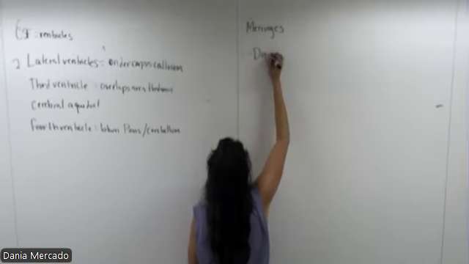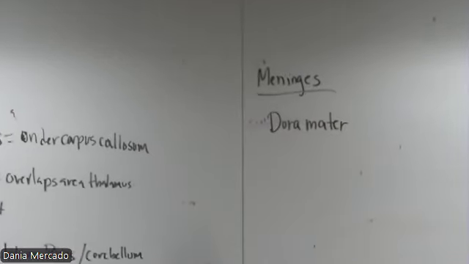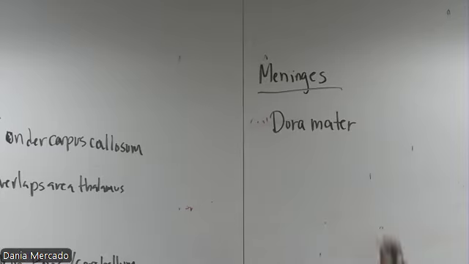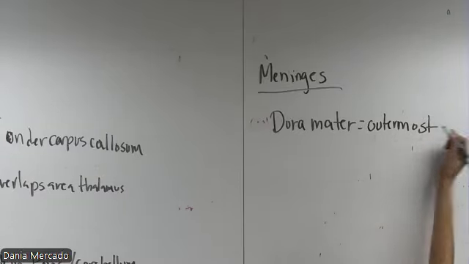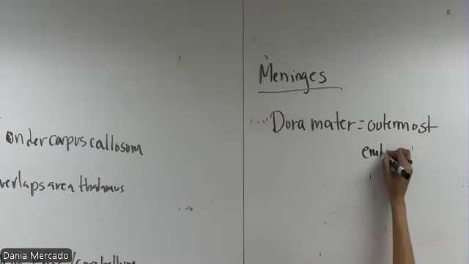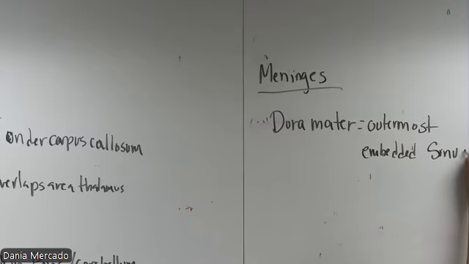And the first one you have is your dura mater, which means hard mother, right? Hard mother. So that is the outermost covering. And in that dura mater, you're going to have embedded your sinuses, your cerebral sinuses, right? Which are going to collect venous blood.